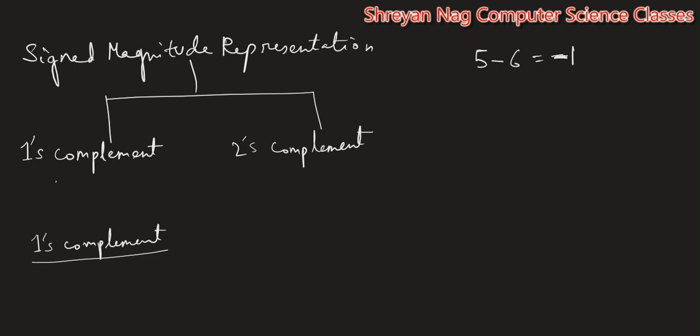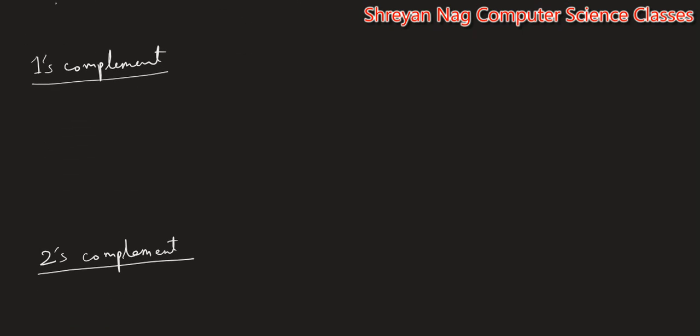So let us take an example of 5. So 5 in terms of 4 bit representation is 0 1 0 1. Now if you want to show that in terms of -5 representation, we need to do this. So what does complementing mean?